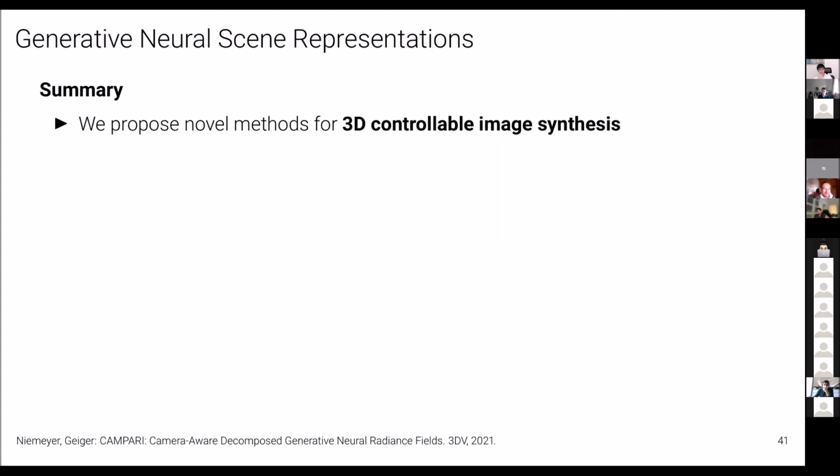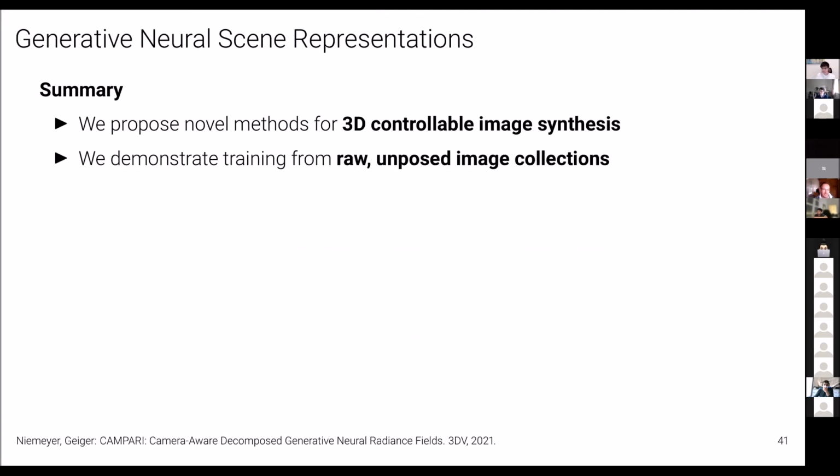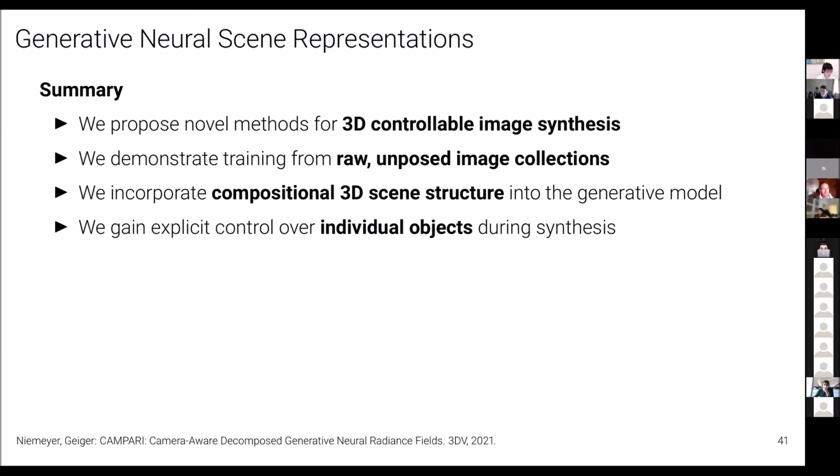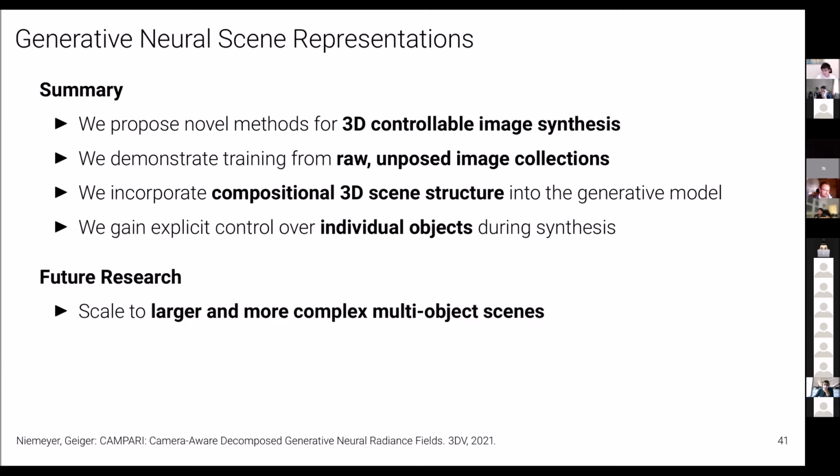This concludes my talk. I want to briefly summarize. We proposed novel methods for 3D controllable image synthesis. We demonstrated training from raw unposed image collections and incorporated compositional 3D scene structure into the generative model as inductive biases. And this allowed us to gain explicit control over individual objects during synthesis.